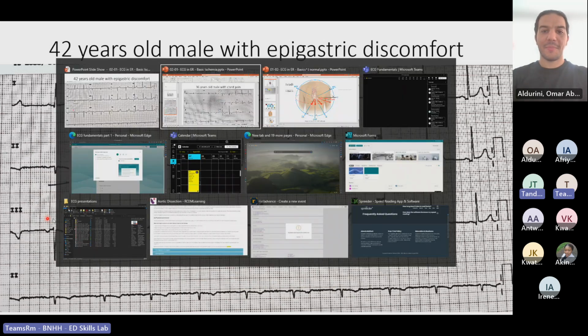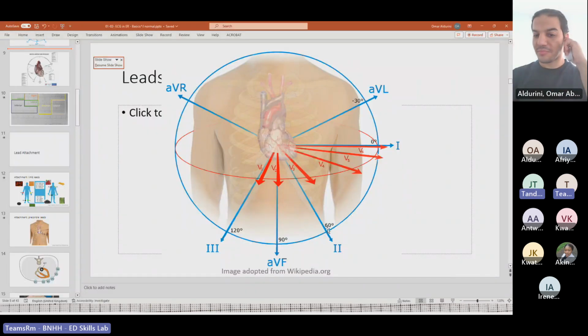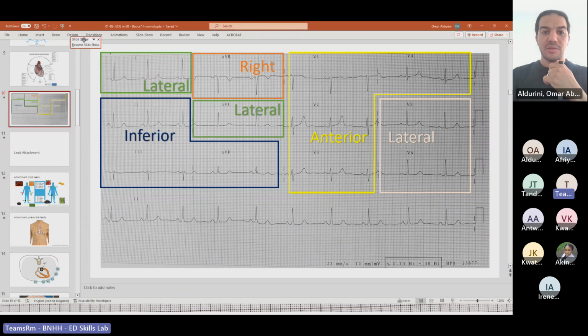So the inferior side of the heart is represented by these leads. Okay, review this slide again. V1 to V4 represent the anterior wall. 2, 3, and aVF represent the inferior wall.